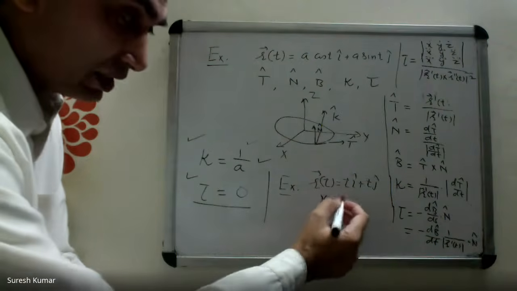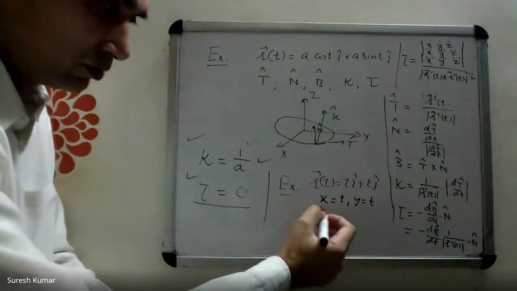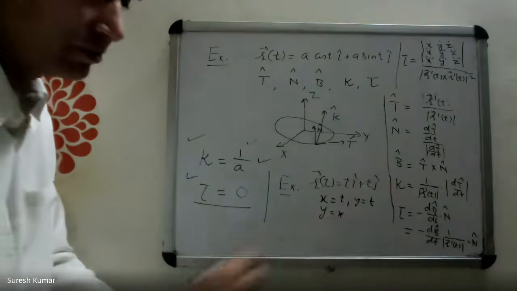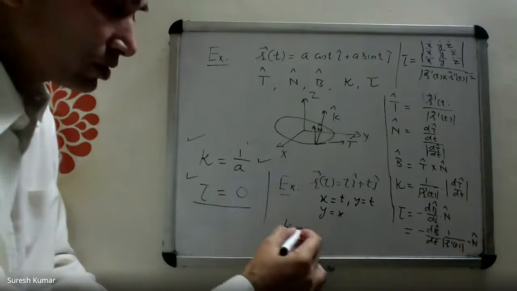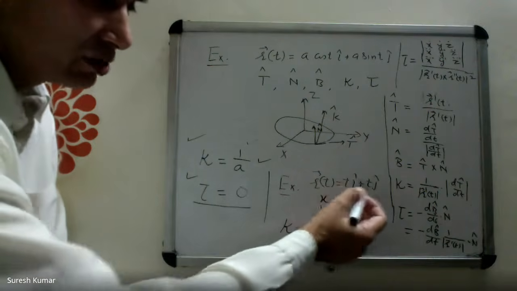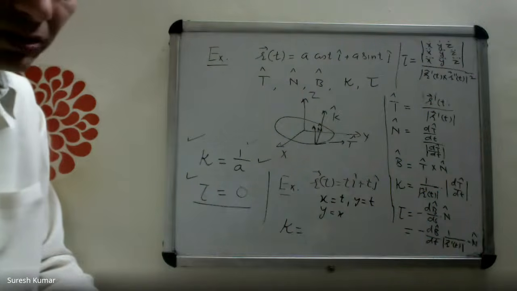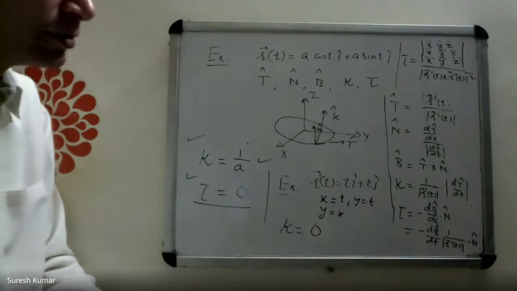Here x is t, y is t. Through the parametric form, you understand it is the line y equal to x. So what is the curvature for this? Curvature requires the first derivative and then the second derivative. You can see clearly the second derivative is 0. So for this, you will find kappa 0.